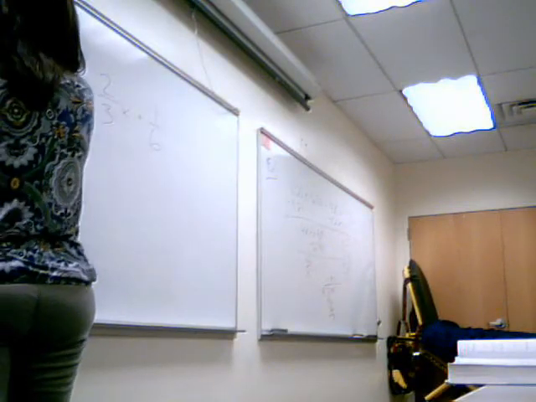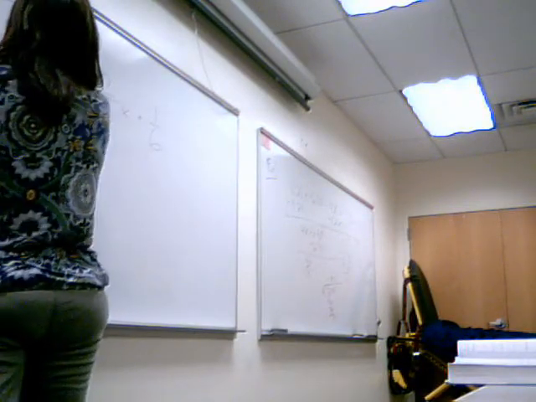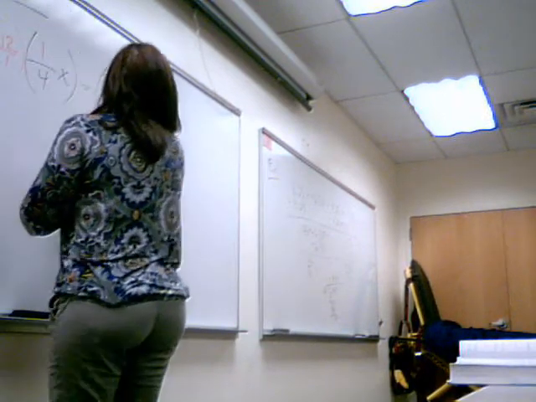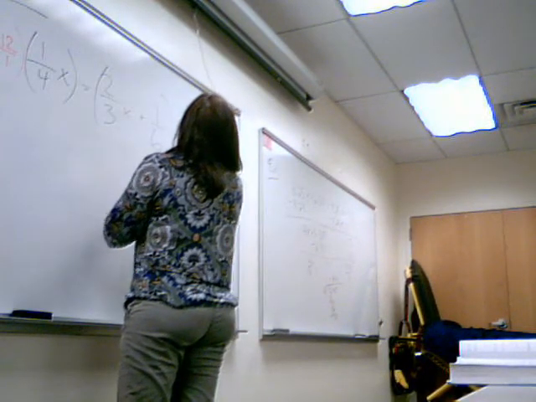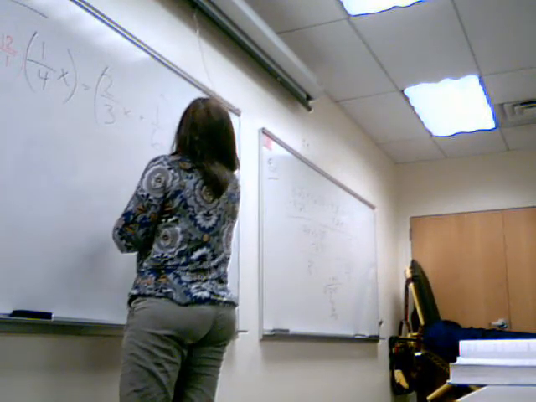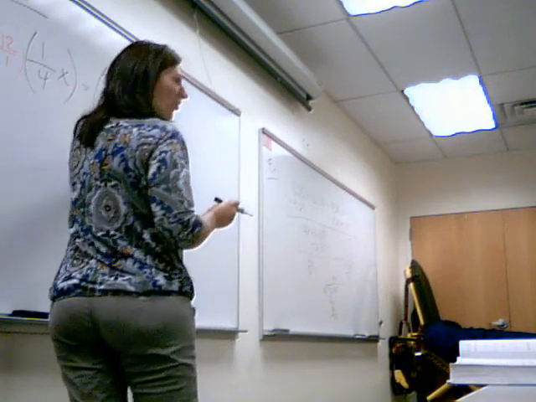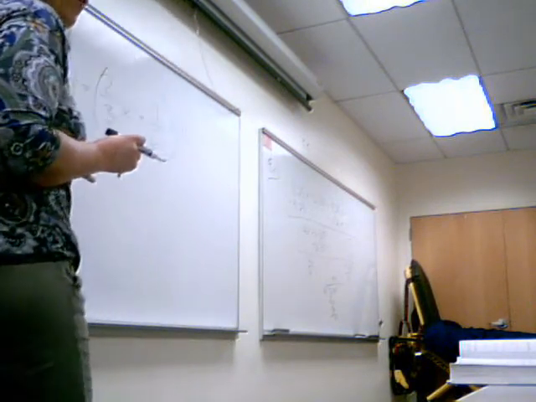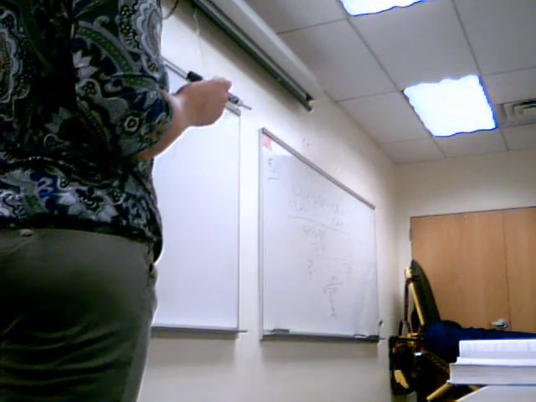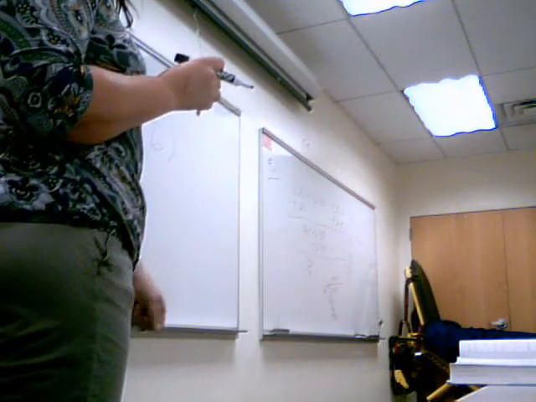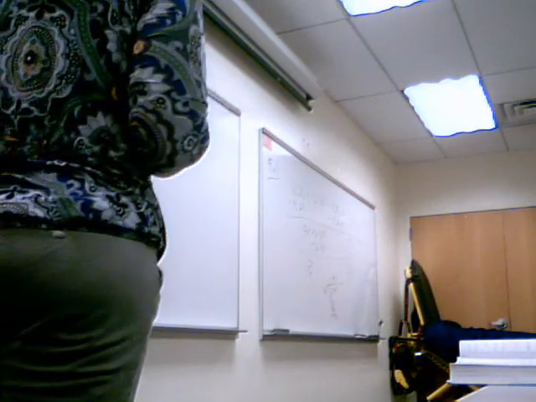Now remember, whatever you do to the right, you got to do to the left. So I'm going to be multiplying both things by 12, right? Which means I have 2 terms here, and that's where the problem lies, is a lot of times students forget to put that 12 through both terms, okay?